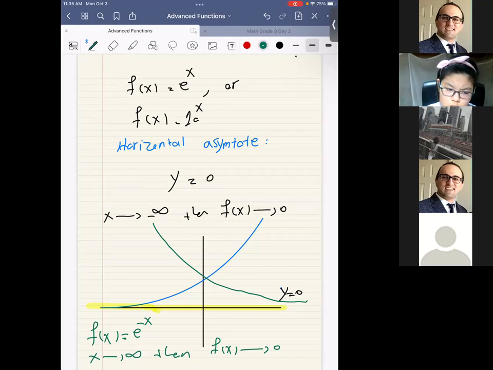So the open interval 0 to infinity is the range of it. How about the range of e to the negative x? This is e to the negative x, and this one is e to the x. I think it's the same, because you just flip the shape, the range doesn't change.